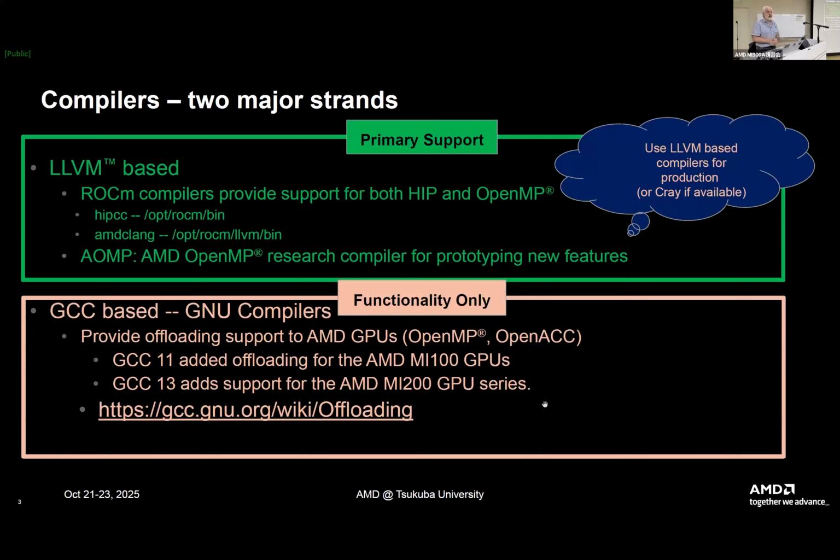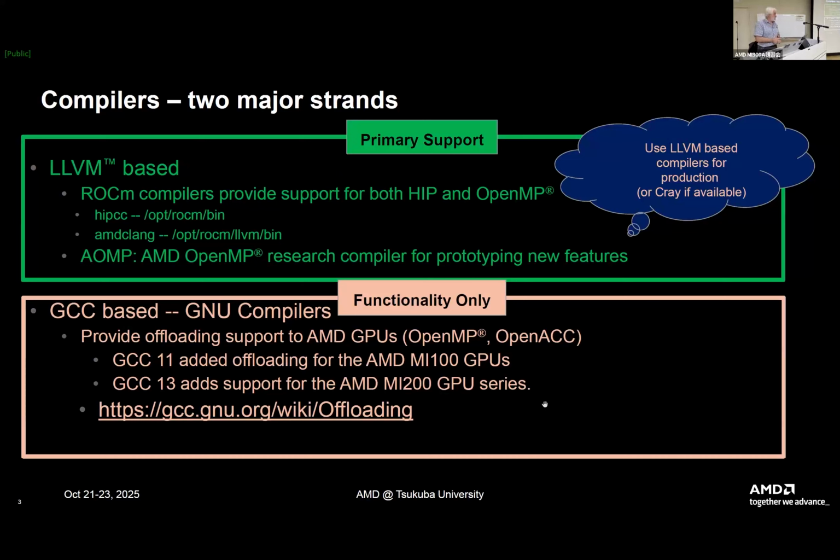Even Cray is now moving their C and C++ to LLVM. And it's because they can't keep up with all the changes in the standard. It's just impossible for a small compiler team. So we're seeing a lot of higher level HPC compilers moving to LLVM.